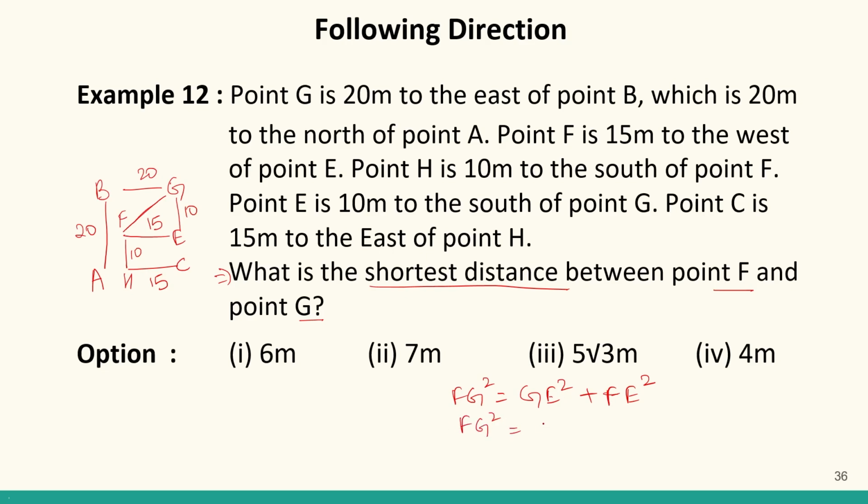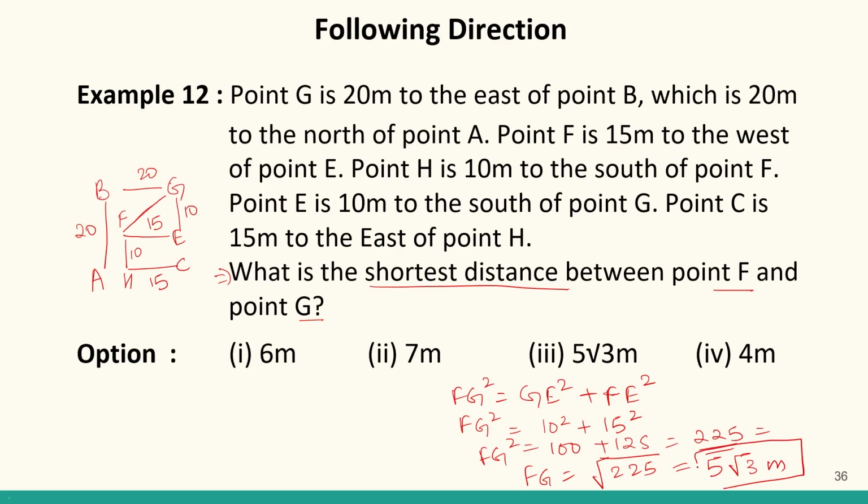So FG square will be equal to 10 square plus 15 square. 10 square is 100, 15 square is how much? 225, which gives me 325. Right? So FG will be equal to under root of 325.